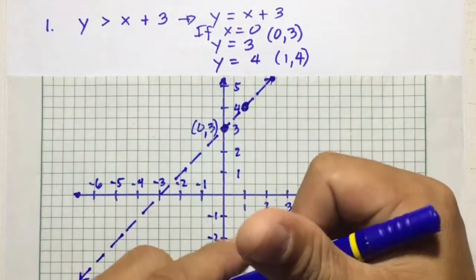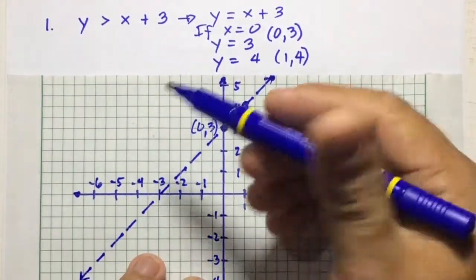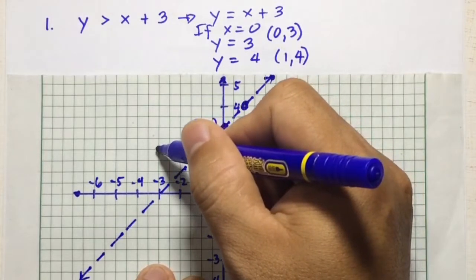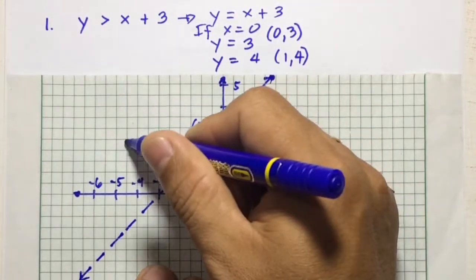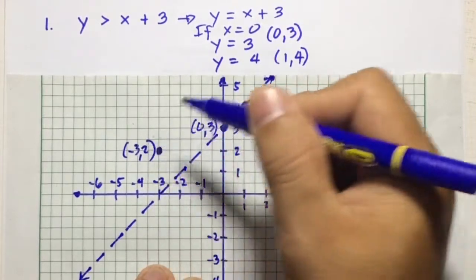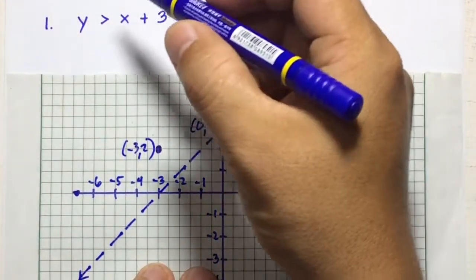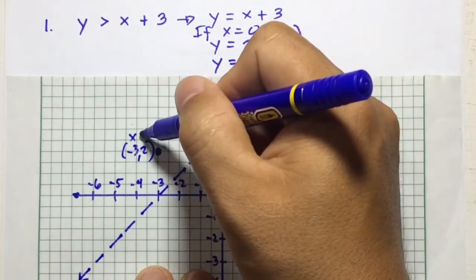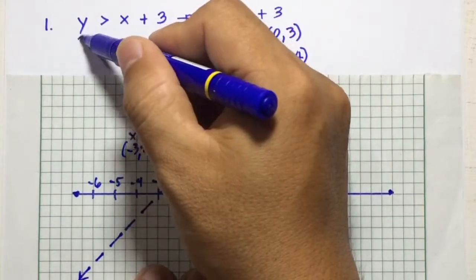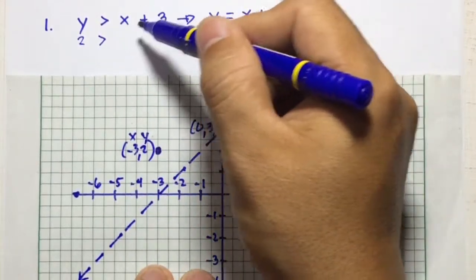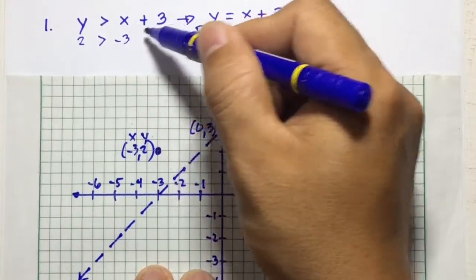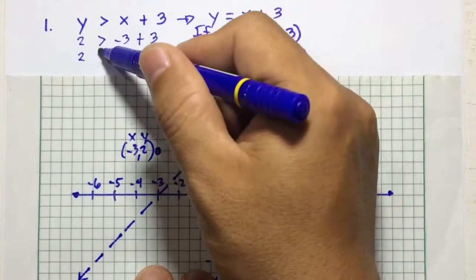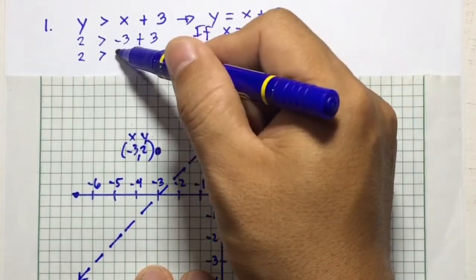So for example, let's try (-3, 2). This point here is (-3, 2). Let's substitute this into the inequality. So x is negative 3 and y is 2. So y, which is 2, is greater than x, which is negative 3, plus 3. So 2 is greater than negative 3 plus 3, which is 0.